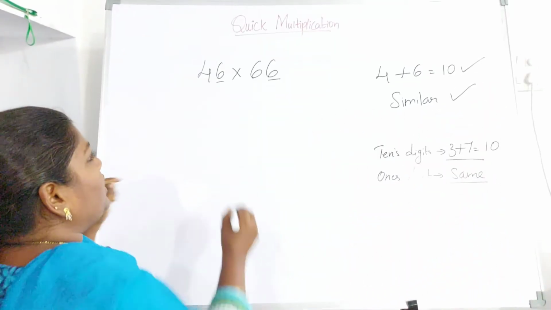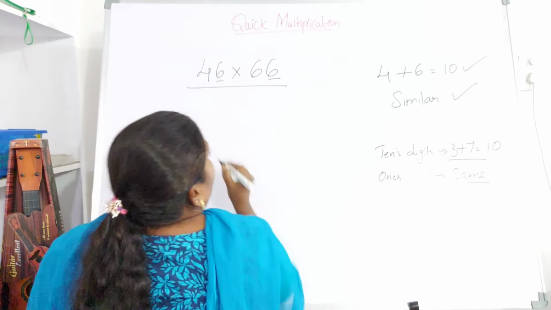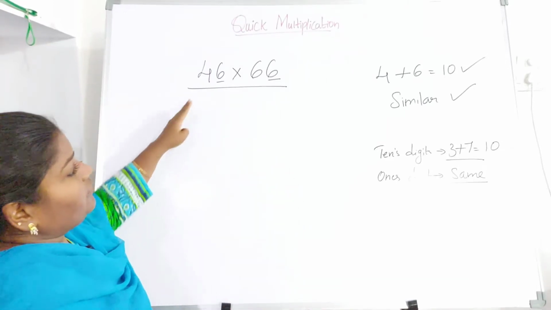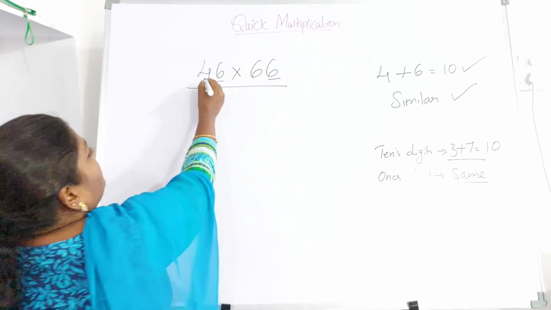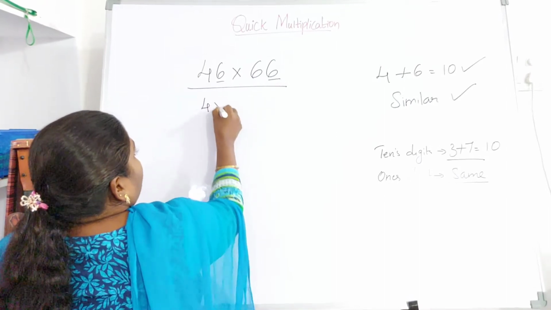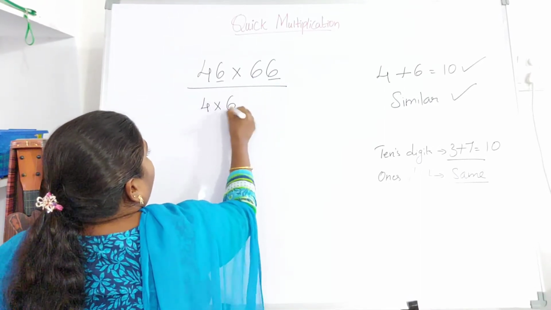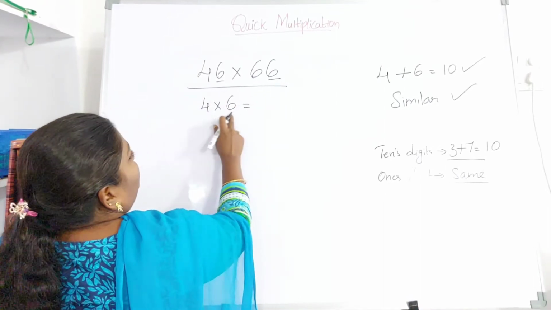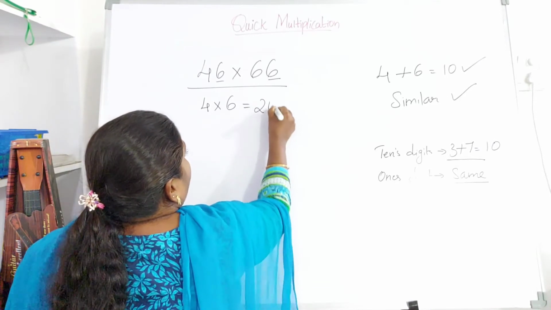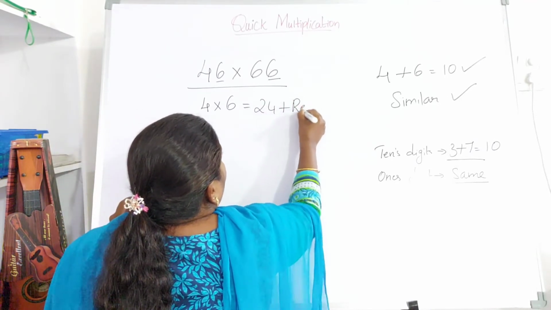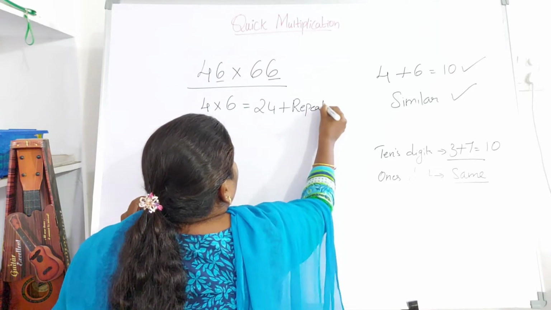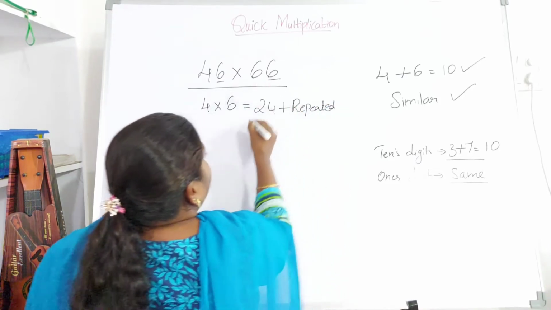So we need to follow the same method: the tens digit of the first number and the tens digit of the second number are multiplied. 4 times 6 is 24, plus the repeated digit in the ones place. What is the repeated digit?